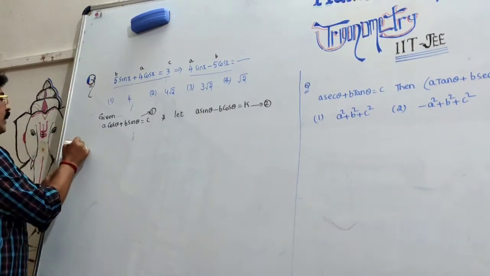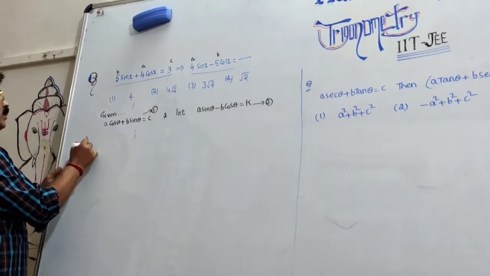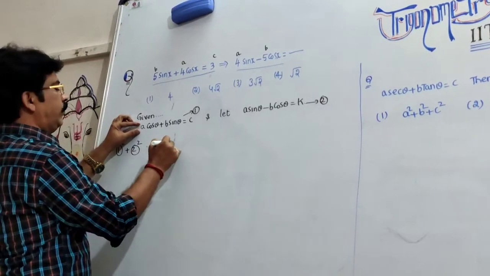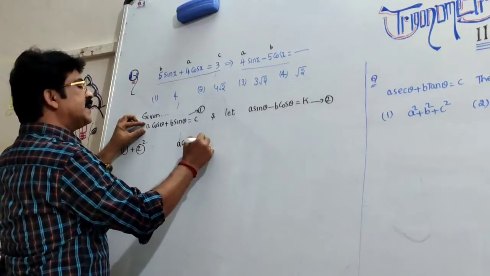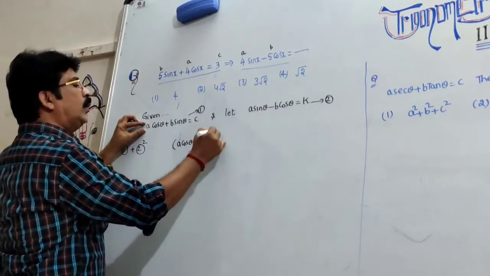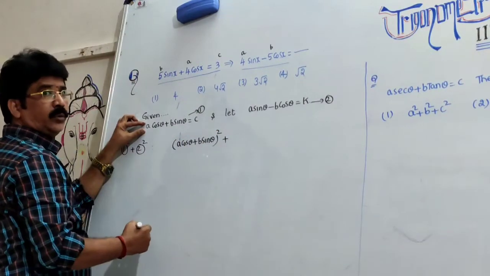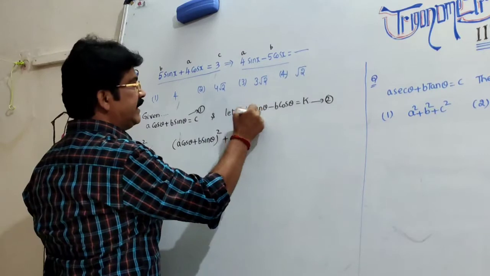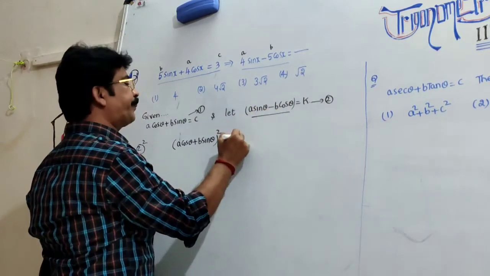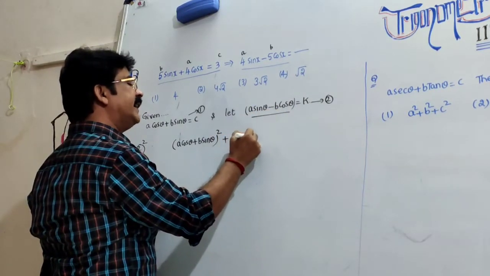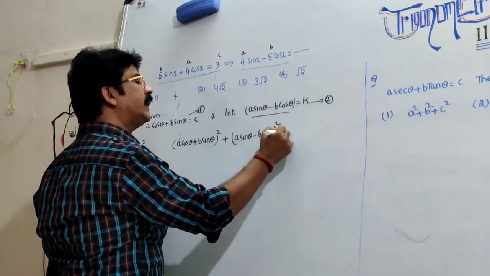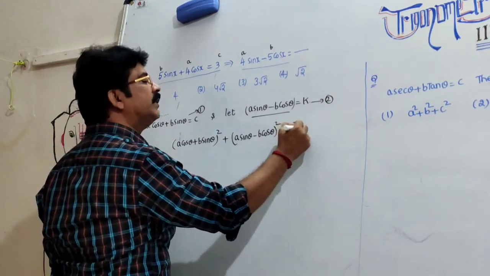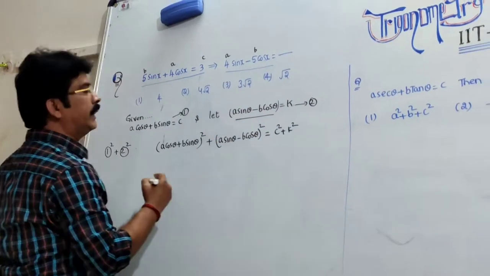So what we are doing: equation 1 whole square plus equation 2 whole square. Therefore, (a cos theta plus b sin theta) whole square plus (a sin theta minus b cos theta) whole square is equal to c square plus k square.